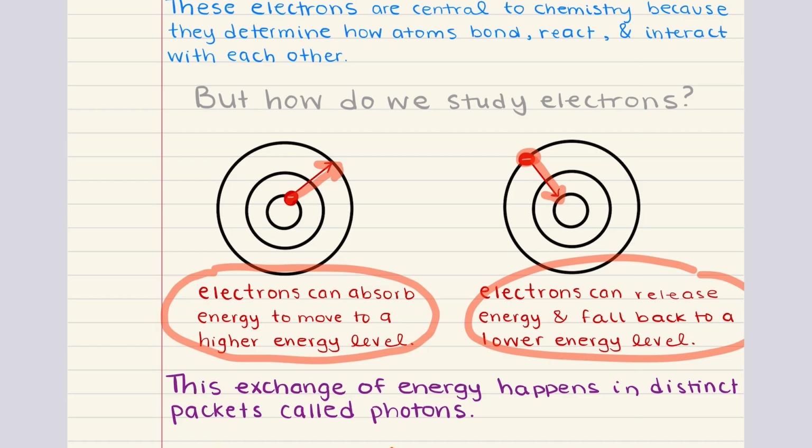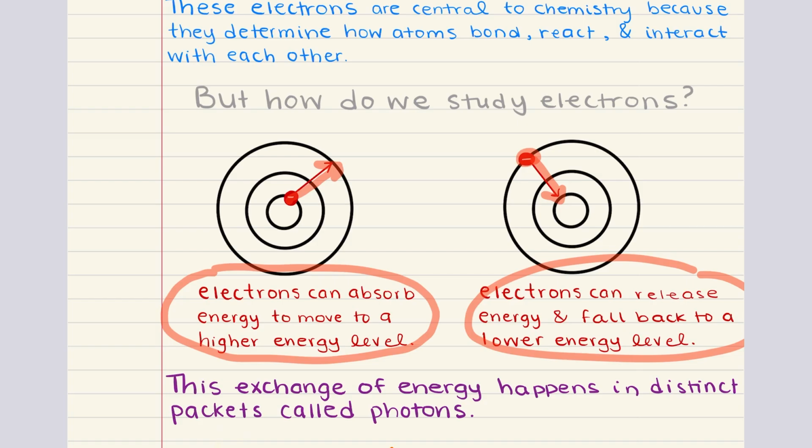Well, it happens through the absorption or emission of specific packets of energy called photons. These packets are quantized, meaning they carry fixed amounts of energy that's going to be determined by their frequency.